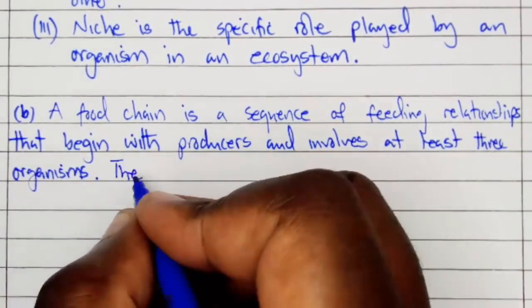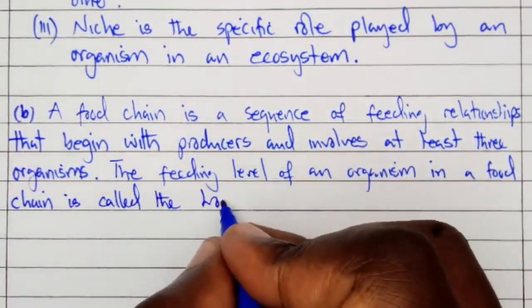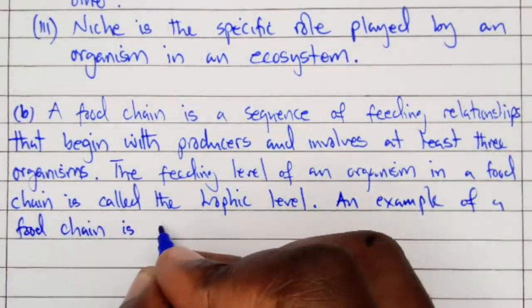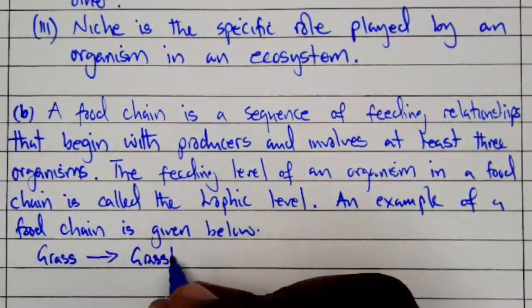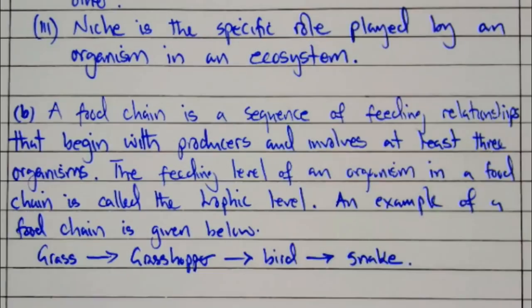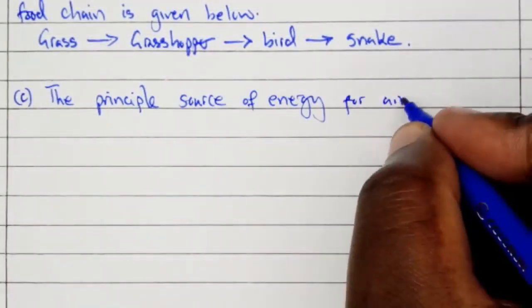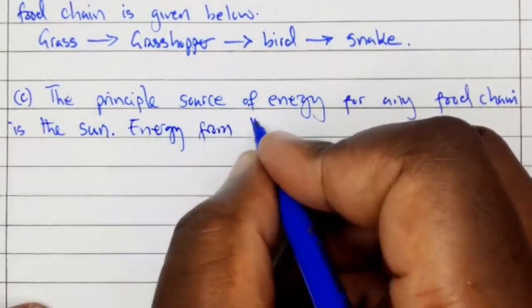The feeding levels of an organism in a food chain are called trophic levels. An example of a food chain is given below. Grass is eaten by a grasshopper, then the grasshopper is eaten by a bird, and the bird is eaten by a snake.